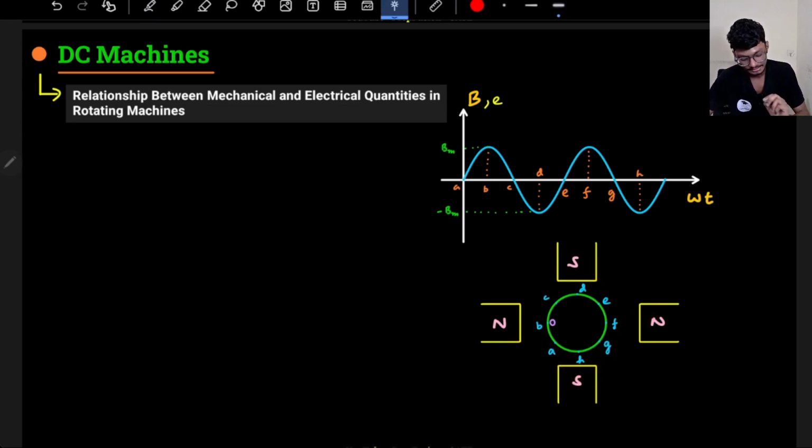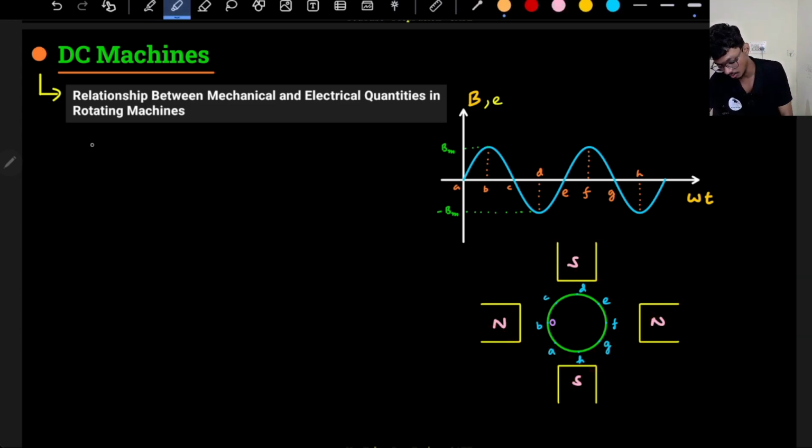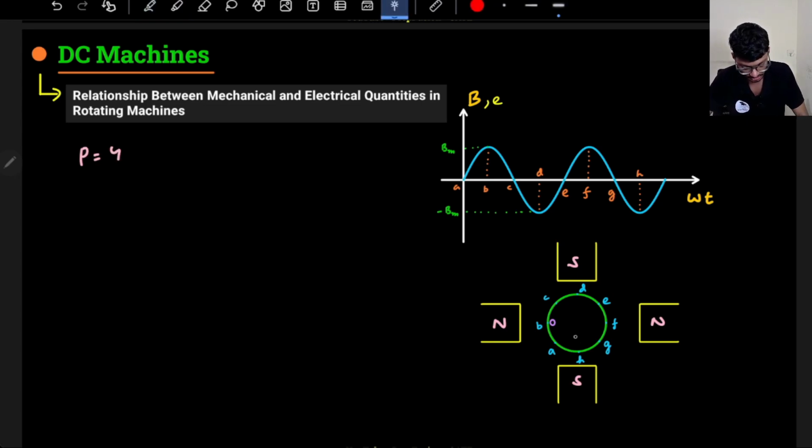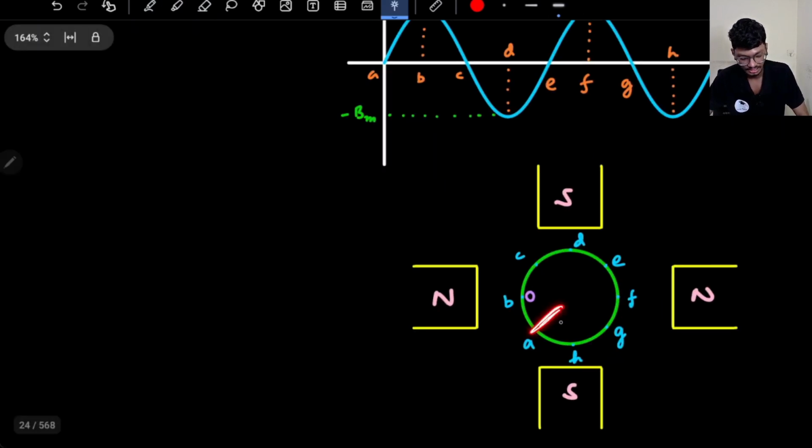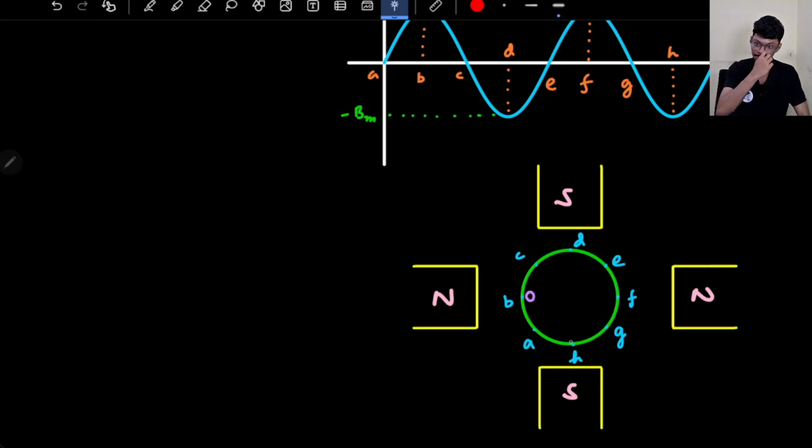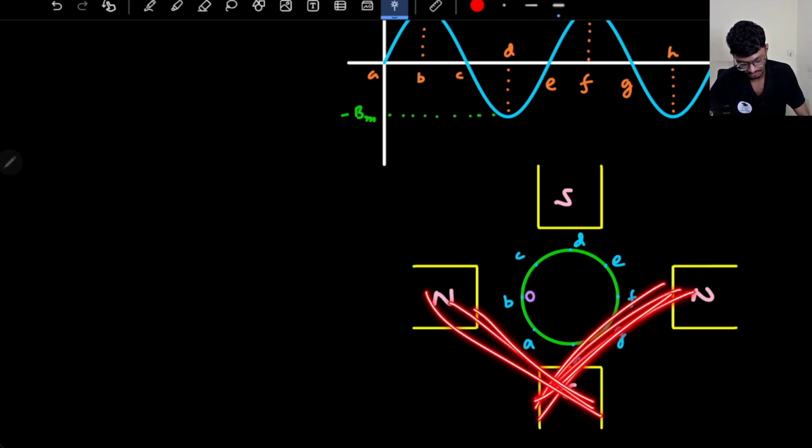If I have 4 poles, let's assume the initial position is somewhere here, H. If I move 45 degrees, is the magnetic field 0 initially? Here the magnetic field is not 0 anymore, because some magnetic field is going in here.